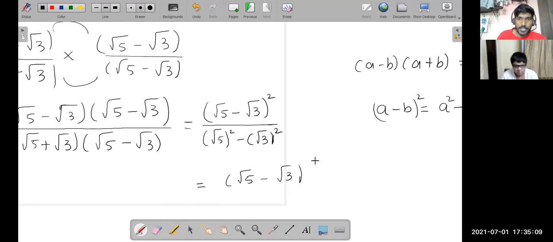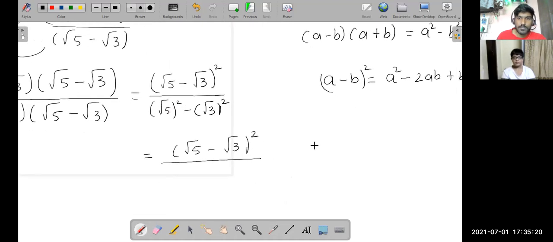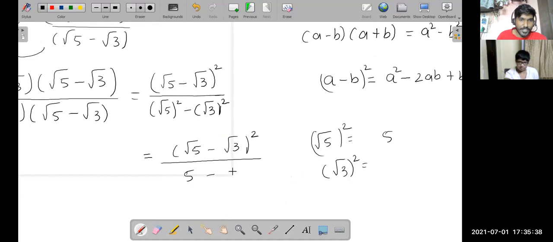Now denominator, can you tell me? What is the square of root of 5? 5. And the square of root of 3? 9? No, you have to take the square root. 3.